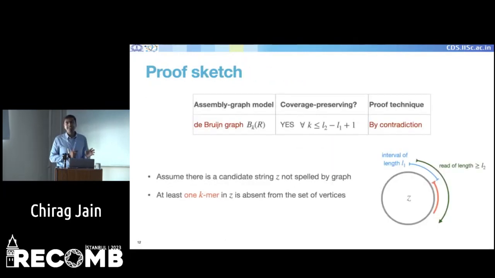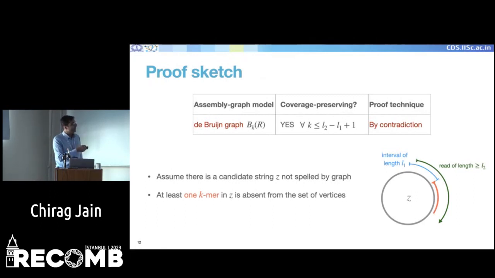So for de Bruijn graph, I just need a simple proof by contradiction, where I can assume that there is a candidate string Z which is not spelled by the de Bruijn graph. Now that basically means that there has to be at least one k-mer in my candidate string Z which is absent from the set of vertices in the de Bruijn graph.